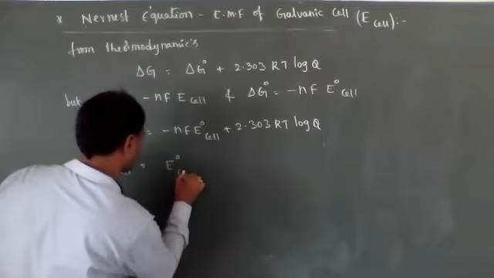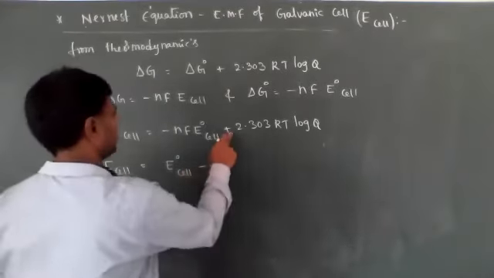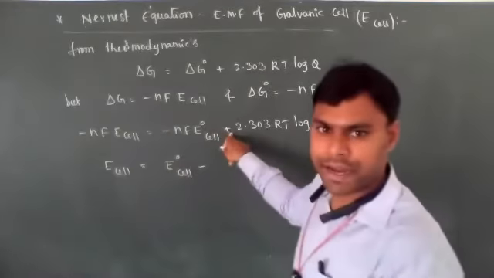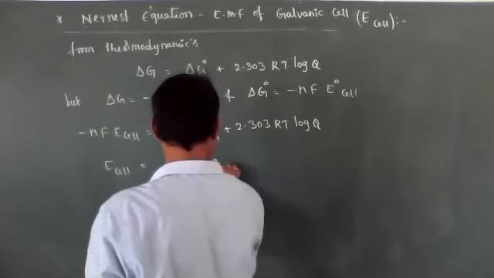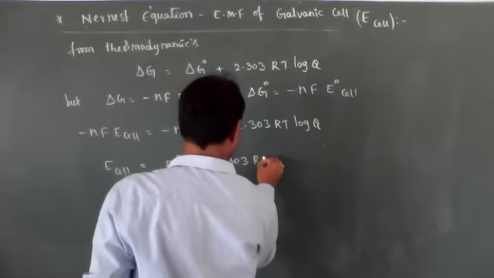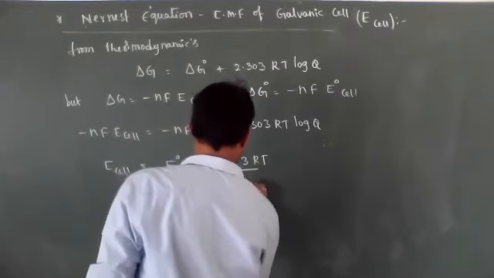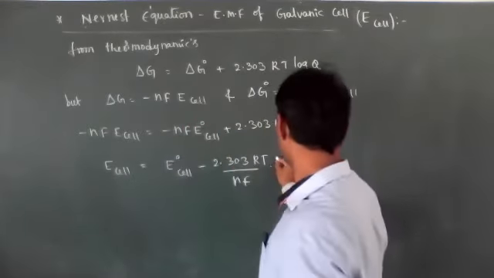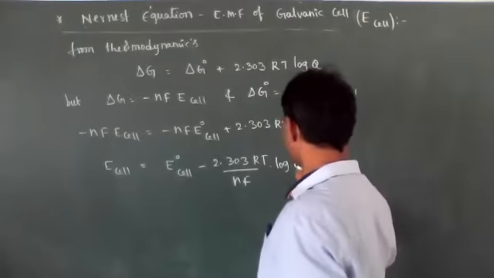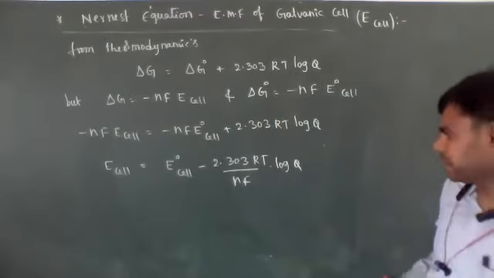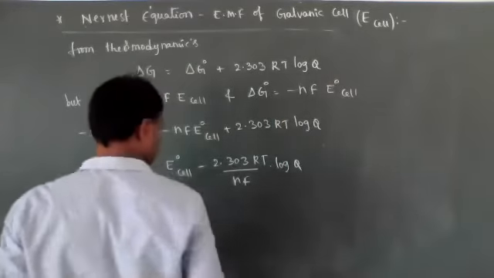Then E cell is equal to E0 cell minus 2.303 RT by nF into log Q. This is the main important equation, the Nernst equation.